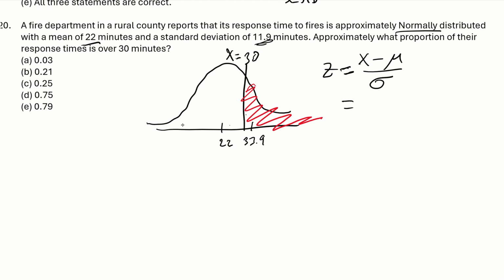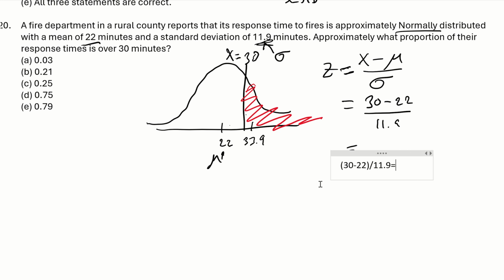Sigma is 11.9, that's my lowercase sigma. So 30 minus 22 divided by 11.9. Put parentheses around it when you're doing this on the calculator. So we have 0.6723, so about 0.67 is my z-score.